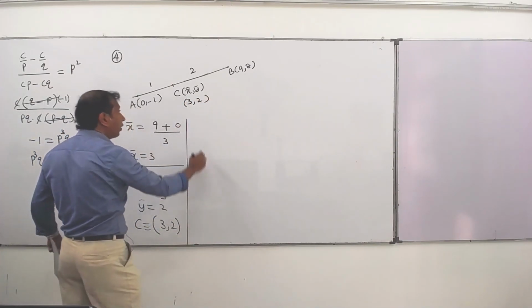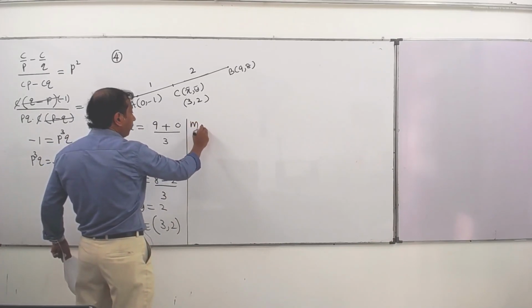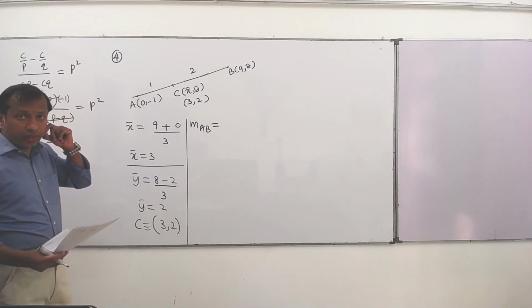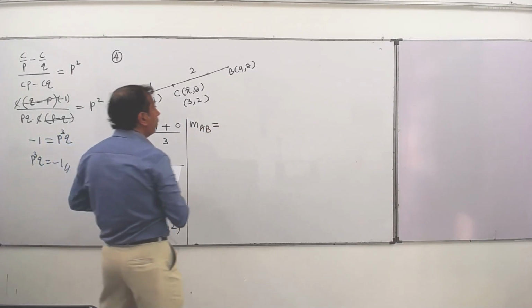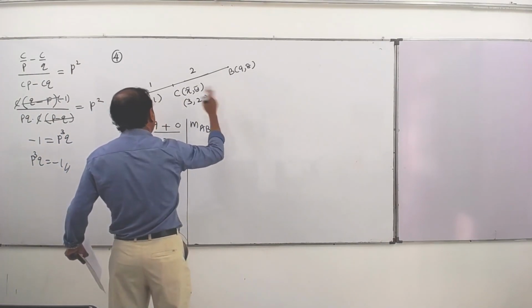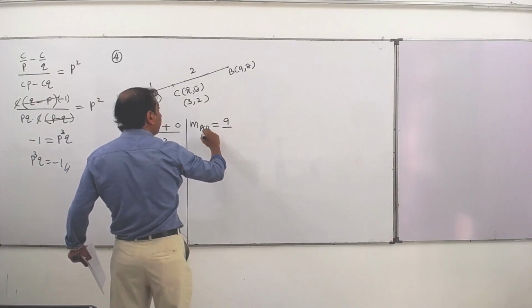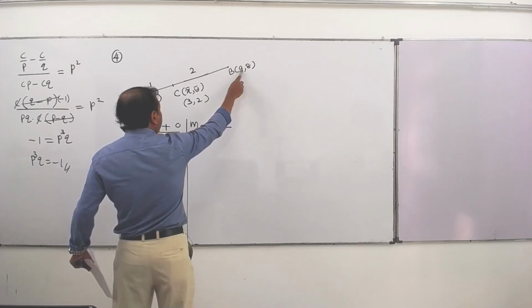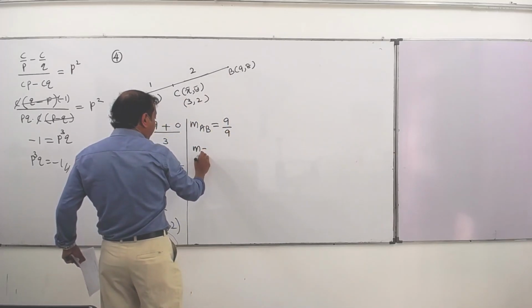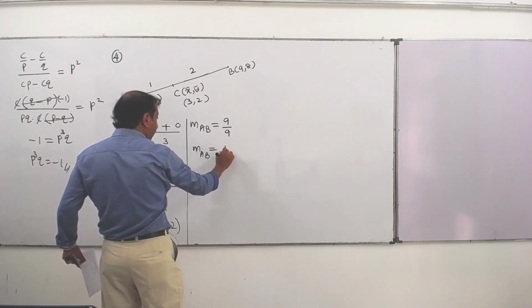Secondly, we write the gradient of AB. What is the gradient of AB? Difference of y coordinates, 8 minus 1, is 9, divided by 9 minus 0, 9. Then the gradient of AB equals 1.